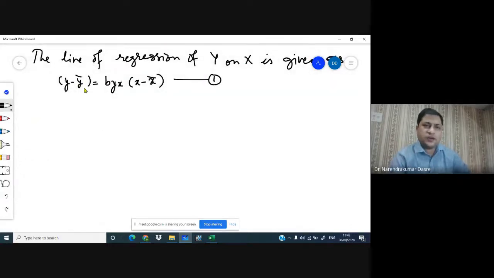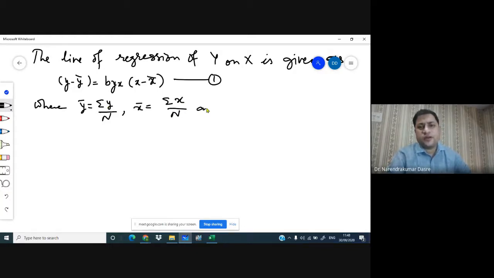What are these terms? y bar we know, x bar we know. This term is new, one we have encountered now, so we need to understand what it is. Here y bar is equal to summation y upon n, and x bar is equal to summation x upon n. And this term is byx.